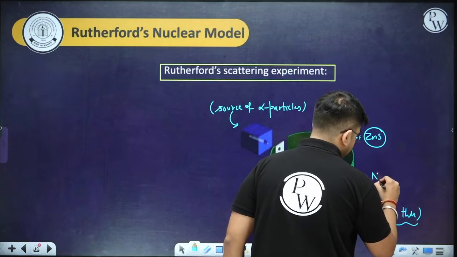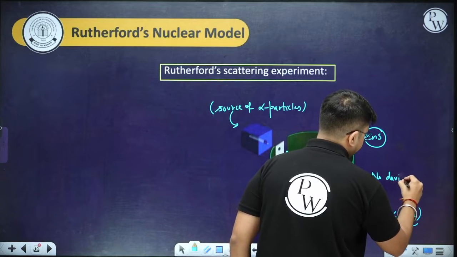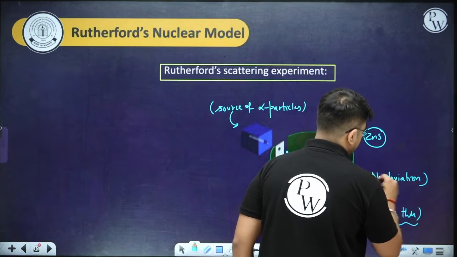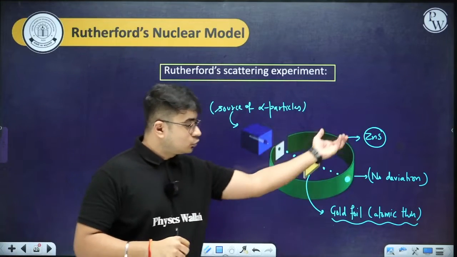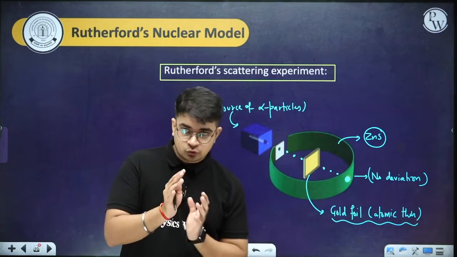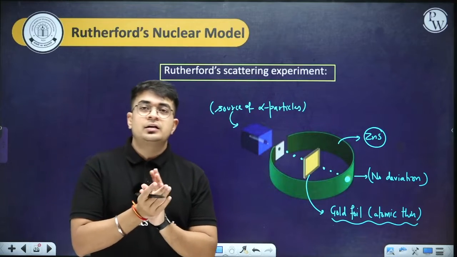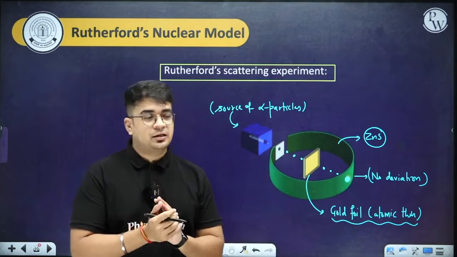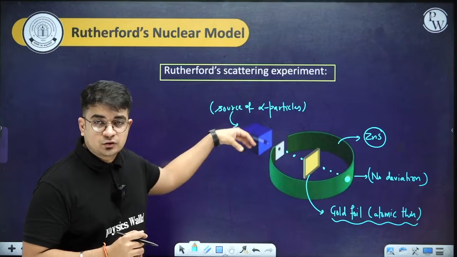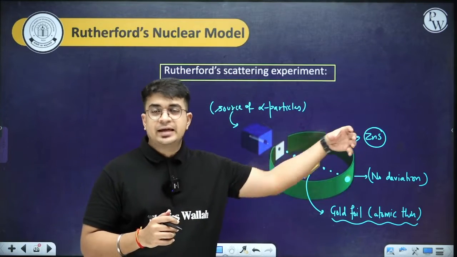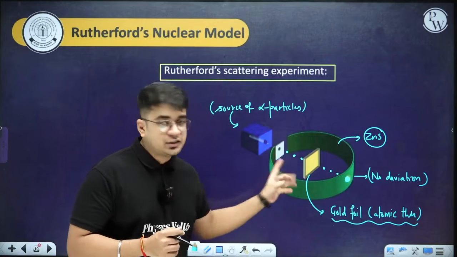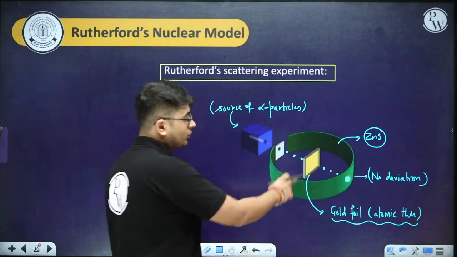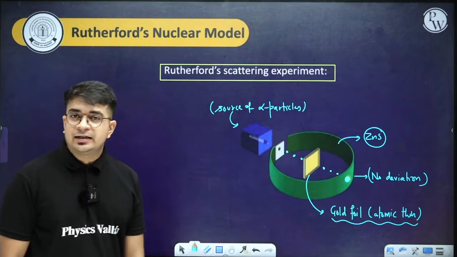The detector was rotating to check the scintillation in all portions. When I move this part to different directions, it hits different portions of the sheet, but most of the time there were no deflections.